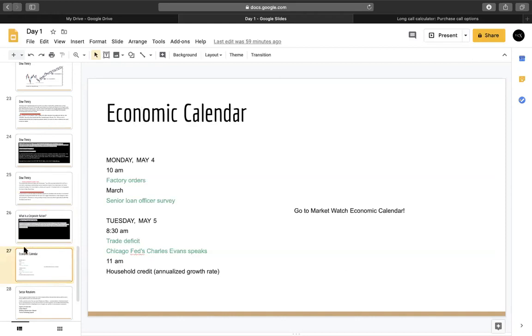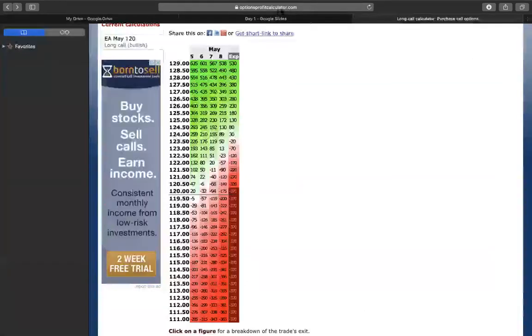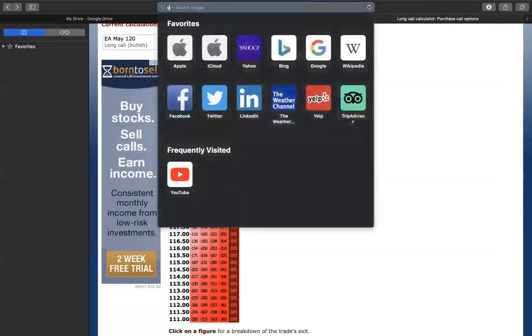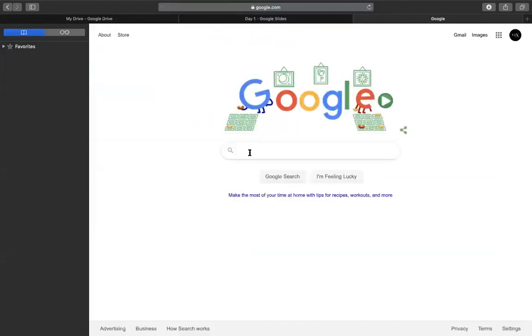Economic calendar. How many of you pay attention to economic calendars? For those that do not, this is where you want to go. You can either go straight to MarketWatch, or you can search up economic calendar.